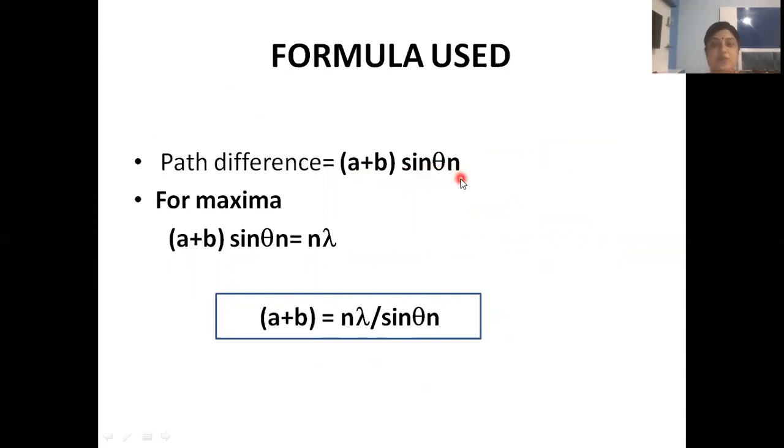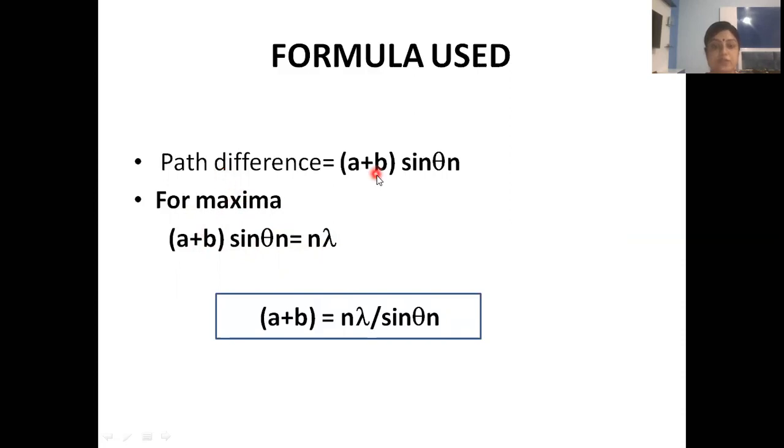n is for nth order. For first order, n can be taken as 1, and for second order, n can be taken as 2. And we know the condition of maxima, or the condition of constructive interference: the path difference between two rays which are superimposing should be equal to an integral multiple of lambda.